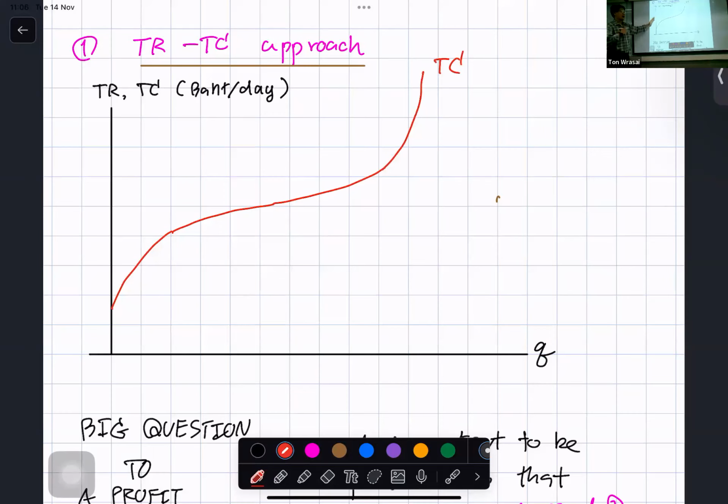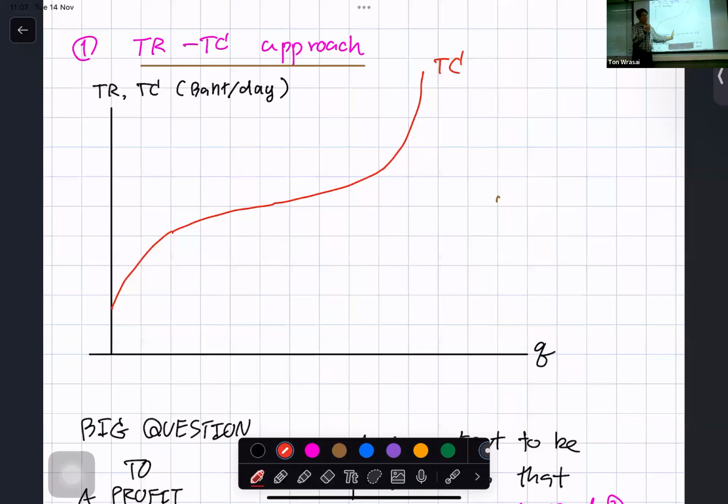Okay. The total cost curve that we studied before comes back. We have the backward S shape that we studied. Concave first. After a certain inflection point, the curve turns convex.